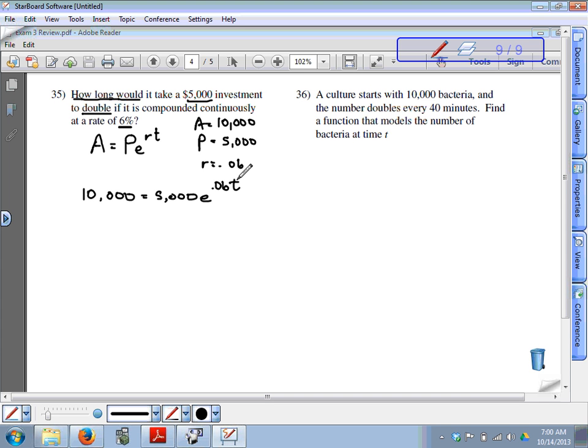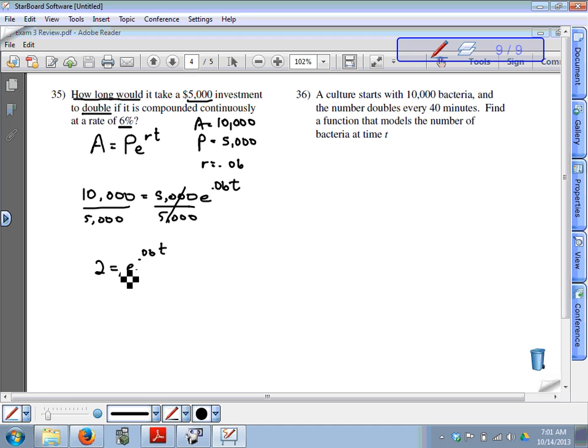Now the variable we're solving for is in an exponent, so to solve for that we need to cancel the base so that the variable is no longer an exponent. The base is e, we need to get e by itself, so we need to divide by 5,000. 10,000 divided by 5,000 is 2, so 2 is equal to e to the 0.06 times t.